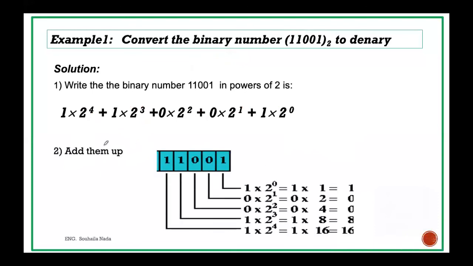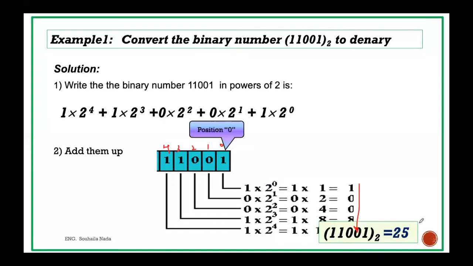You see, add them up: 1 multiplied by the base to the power of position, 0 multiplied by the base to the power of position, and so on. Never forget that this is position 0, position 1, position 2, 3, and 4. Then add them up and we end with 25.